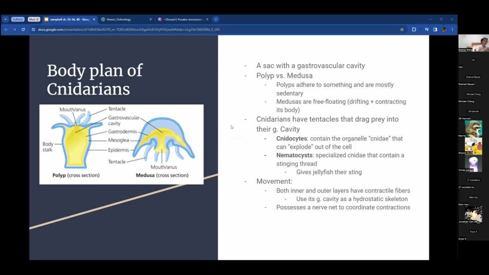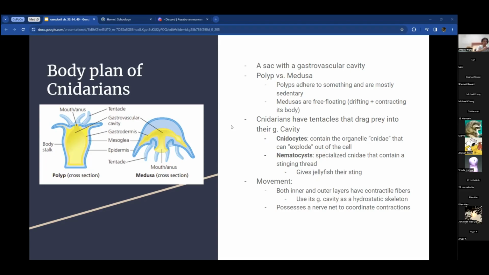It has a mouth, one gastrovascular opening, tentacles that can grab prey, and special stinging cells called cnidocytes. These cnidocytes have nematocysts. You should just know that the cnidocyte is the cell that contains the harpoon.